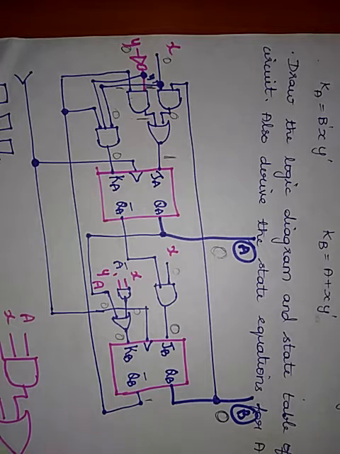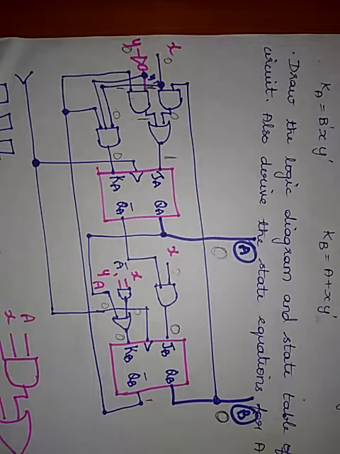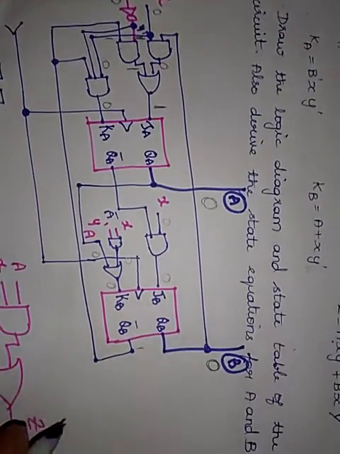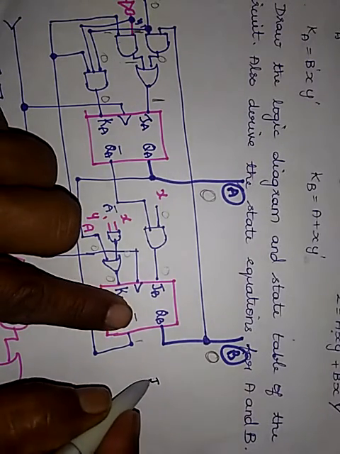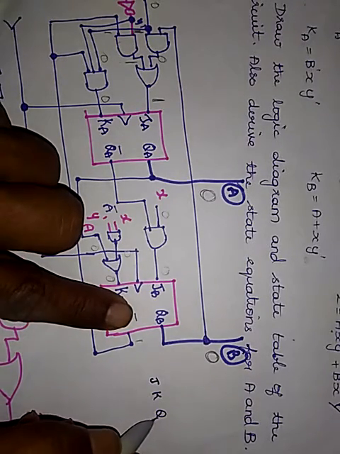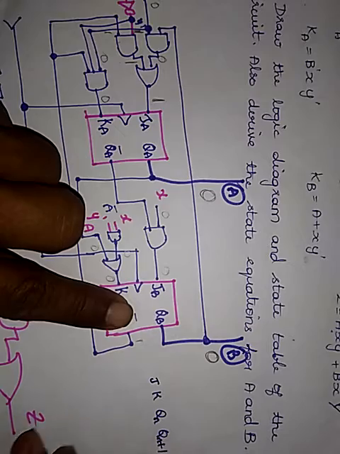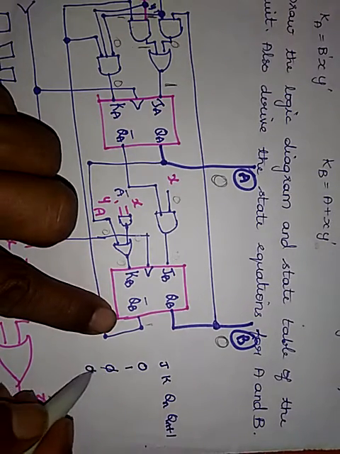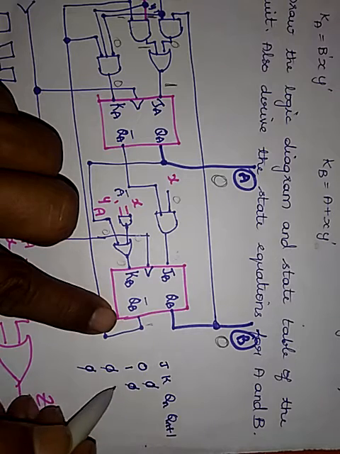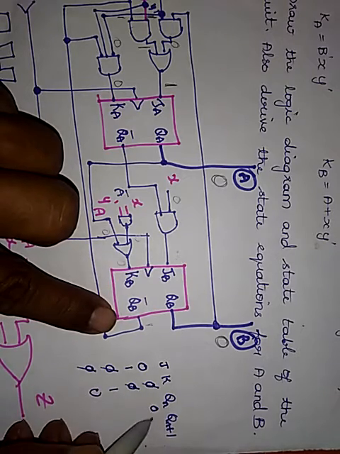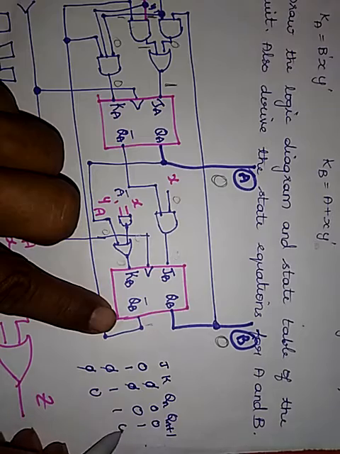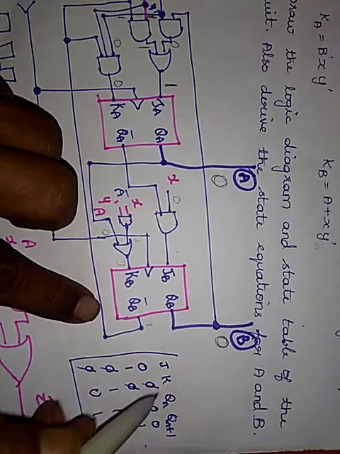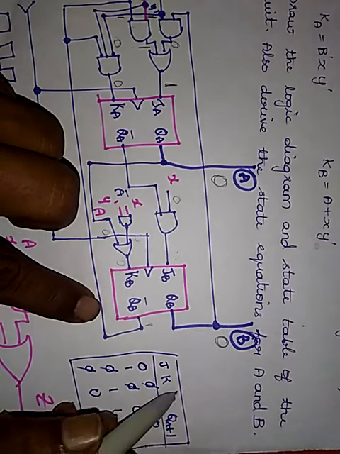Now, just carefully look into the table. So, once again, for convenience, I am writing it here. So, J, K, Qn plus 1. Okay. 0, 0, 0, 1, 1, 0, 1, 1, with don't care, 1, 0. Very easy to remember. JK flip-flop.